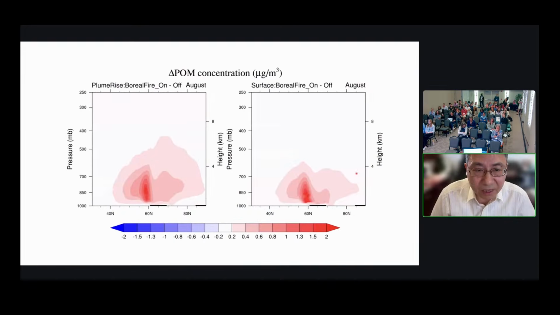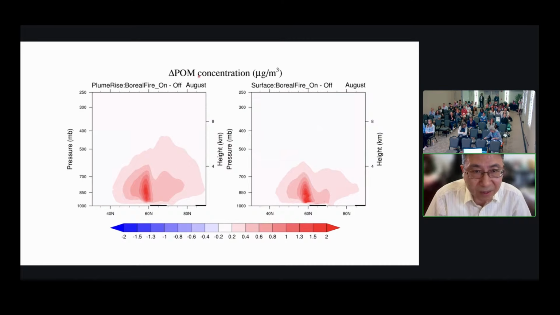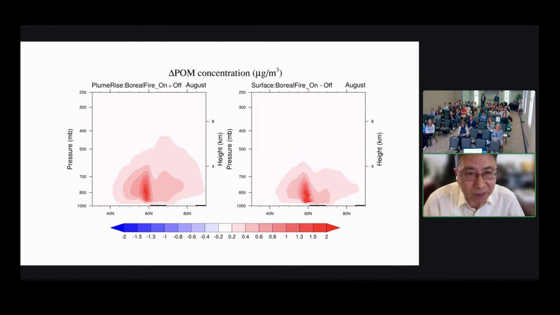And then we look at the transport to the Arctic, and this is showing the zonal mean distribution of the primary particulate organic matter between the two simulations, with and without the boreal biomass burning. The left is with plume rise, the right is where we emitted at the surface.